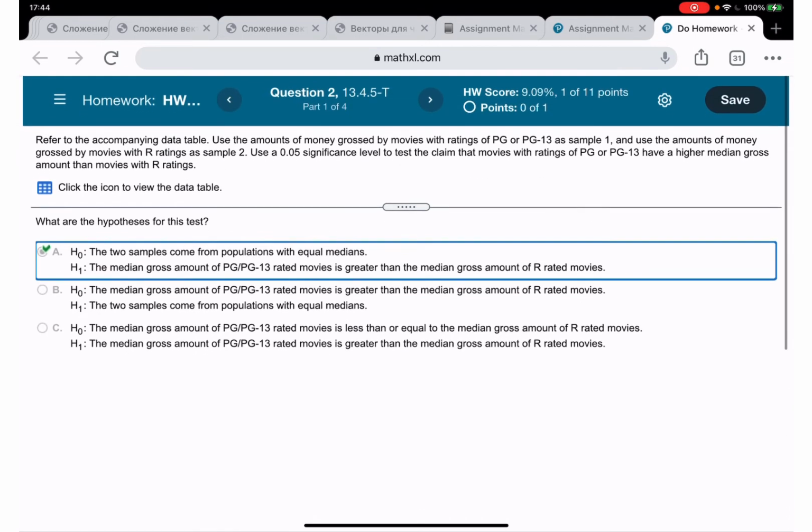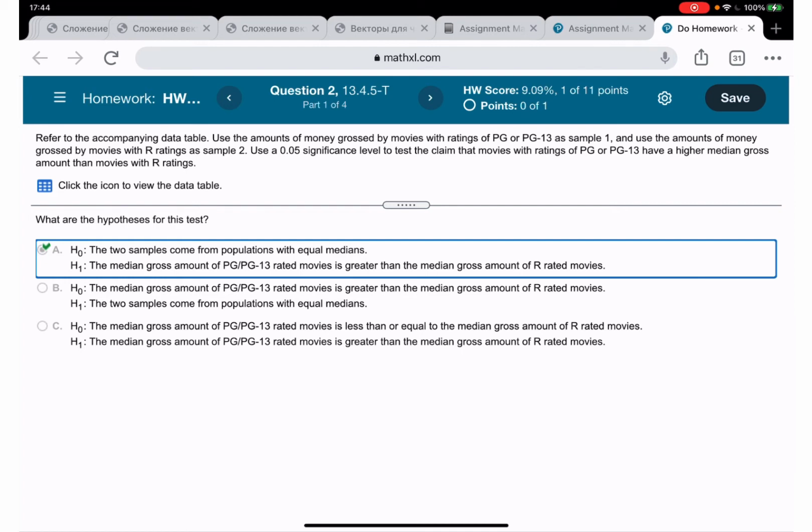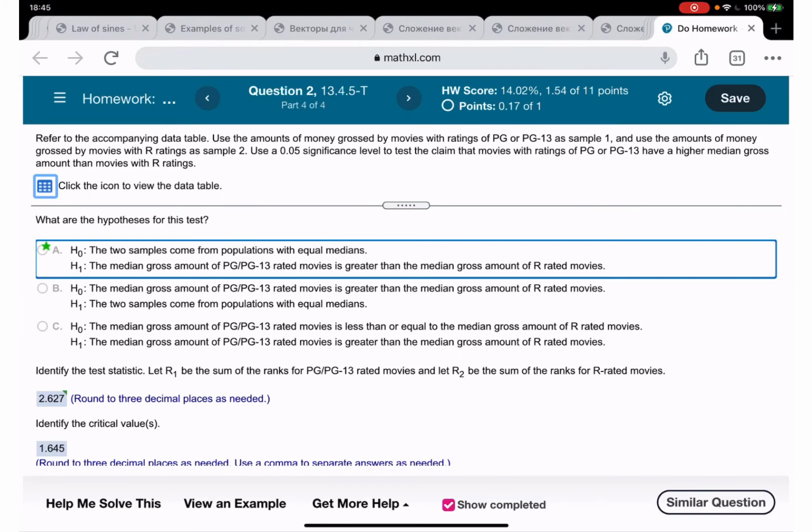Fantastic work. So next, we need to find the rank, right? So I released the answer for test statistics because I won't be able to do all this counting with R1.